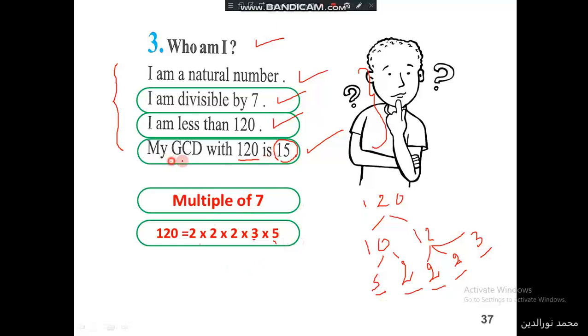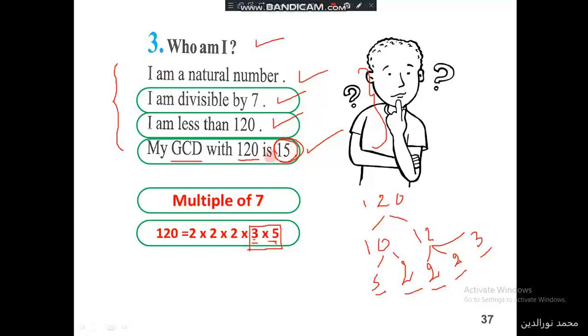My GCD with 120 is 15. So the common factors of this number with 120 are 3 and 5, and 2 is not common with this number, because if it was common we would have to take 2 into consideration.